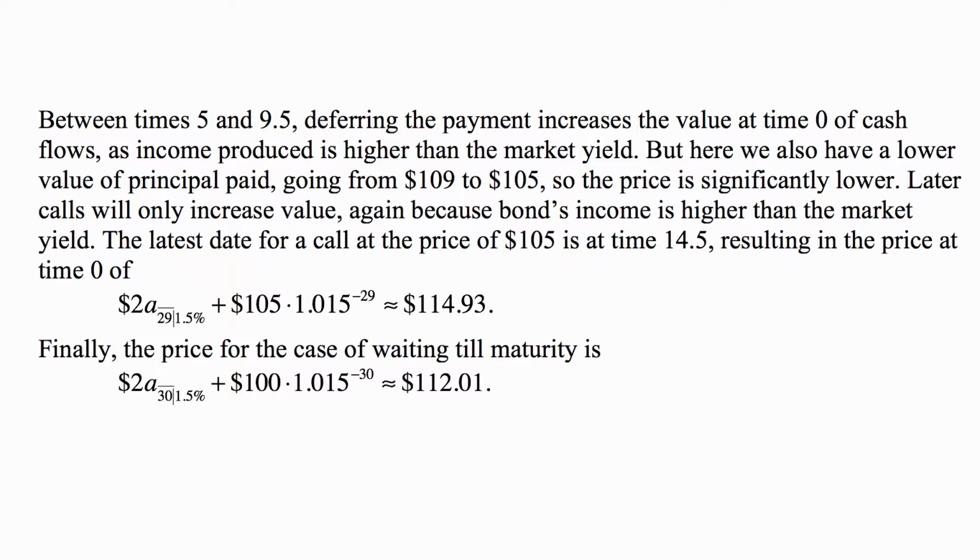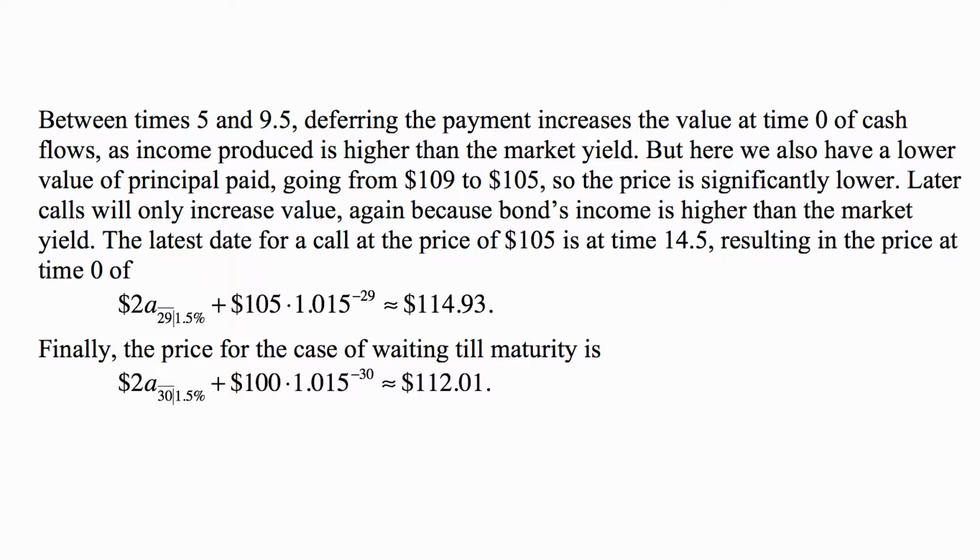But here we also have, initially at least at time 5, a lower value of principal paid when the bond is called, going from 109 to 105, so the price initially is significantly lower. Later calls will only increase value, however, because bond's income is higher than the market yield. So you produce income at a higher rate than you discount, and that's why the amount is higher.